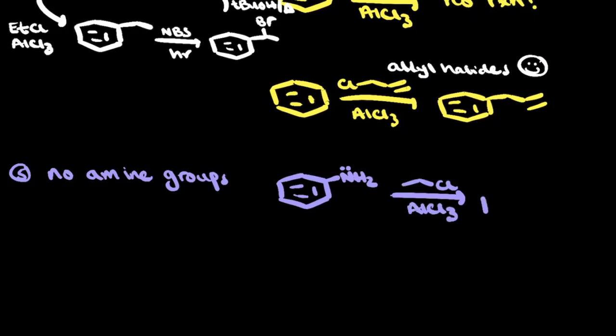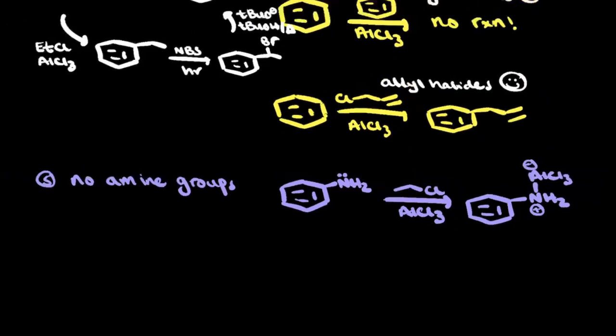Instead, what ends up happening is that the catalyst will coordinate with that amine, and as a result, you have deactivated the ring. Okay, so be careful with that. You cannot have any amine groups on there in order to conduct that reaction.